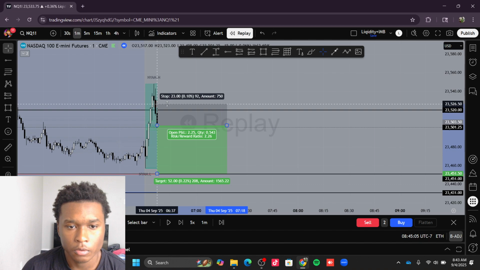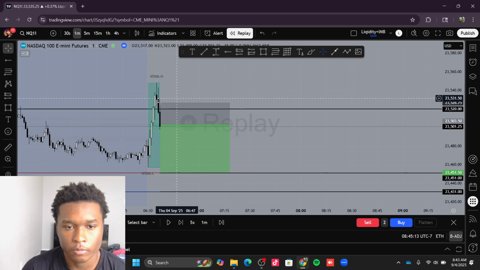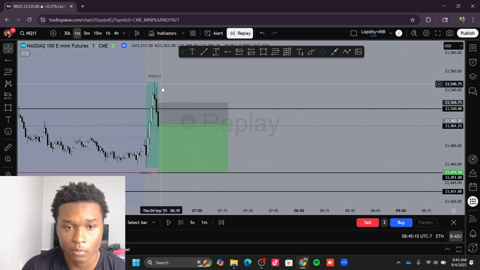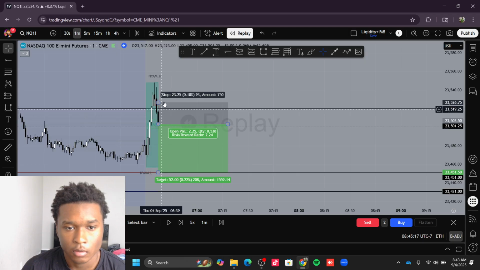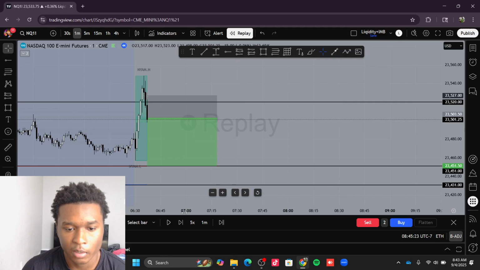I typically only put my stop loss like this when there are not multiple highs or lows. If there were multiple highs or lows, I'd probably put my stop loss at one of the highs. But since there's just this one high, I'm going to put it at this imbalance. I'm expecting it to just sell off, but we'll see what happens.